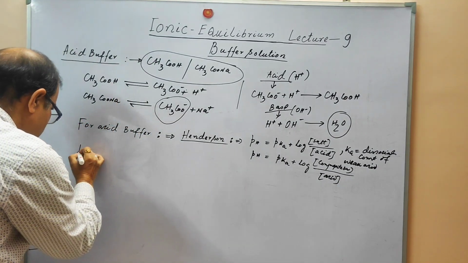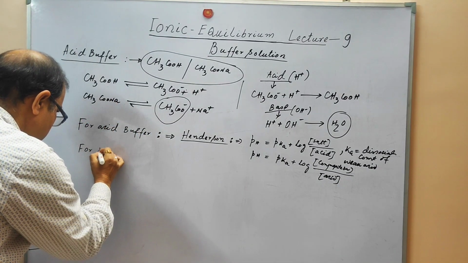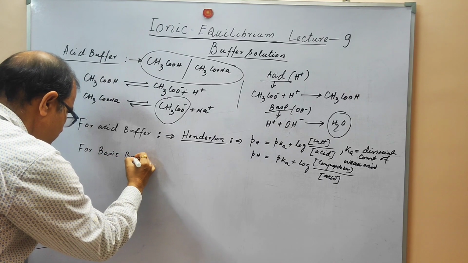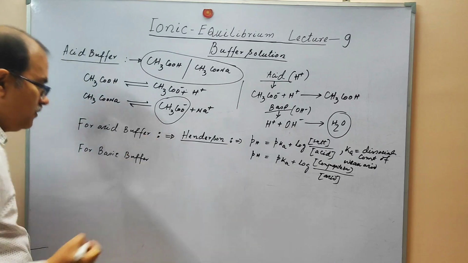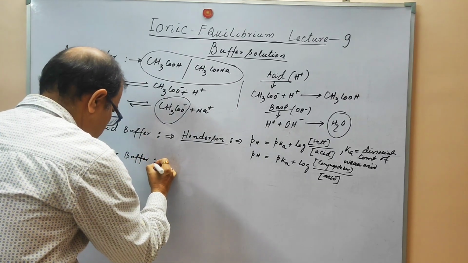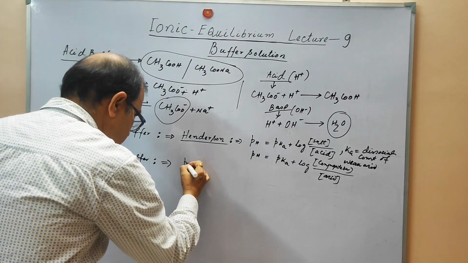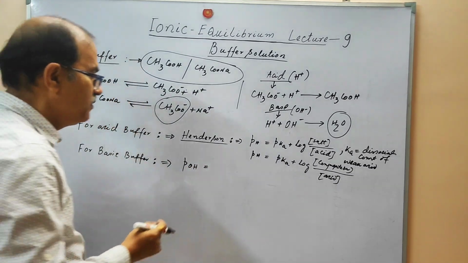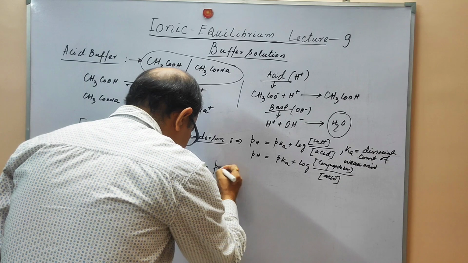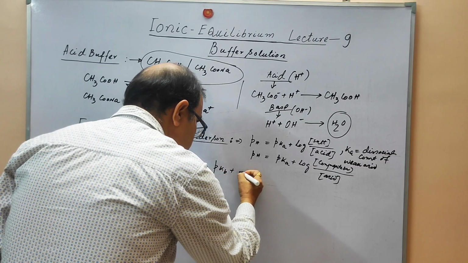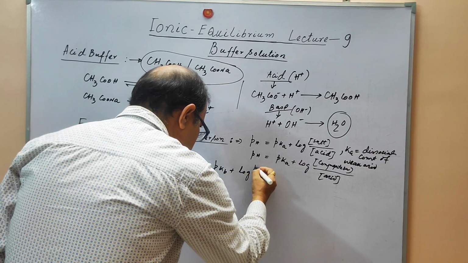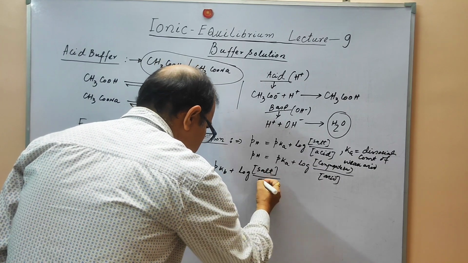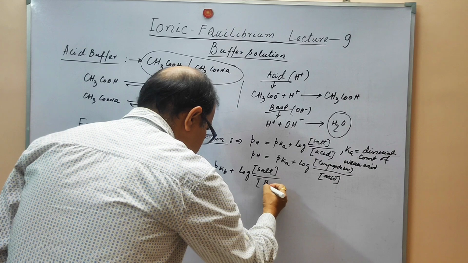But what about the basic buffer? For a basic buffer, you have another equation. This equation is given for the pOH, and from the pOH we have to calculate the pH. It is pKb plus log of concentration of salt divided by concentration of weak base.